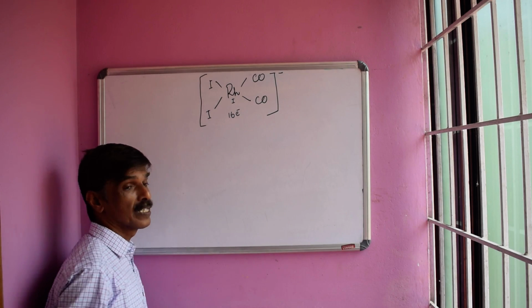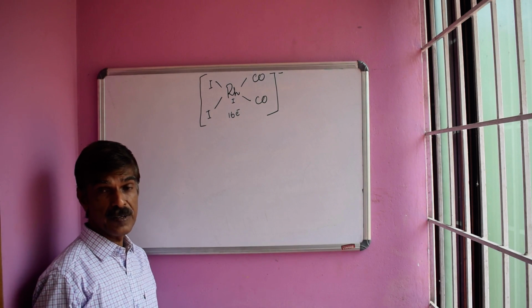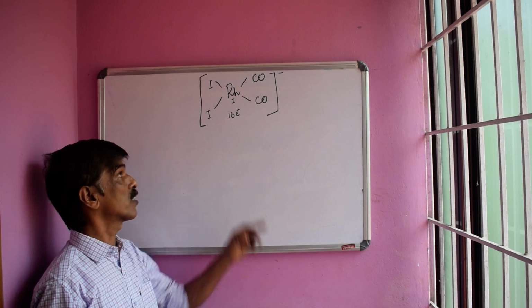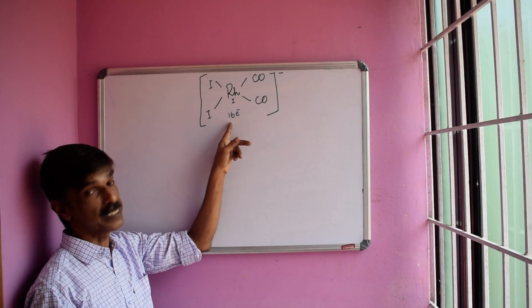How many electrons in rhodium(I)? It is 8 electrons. 8 plus 8, 16 electron species.